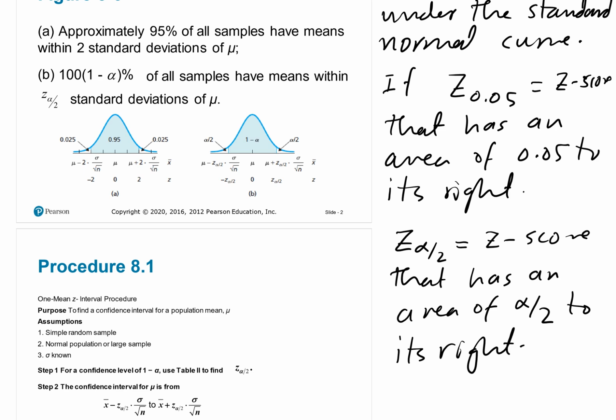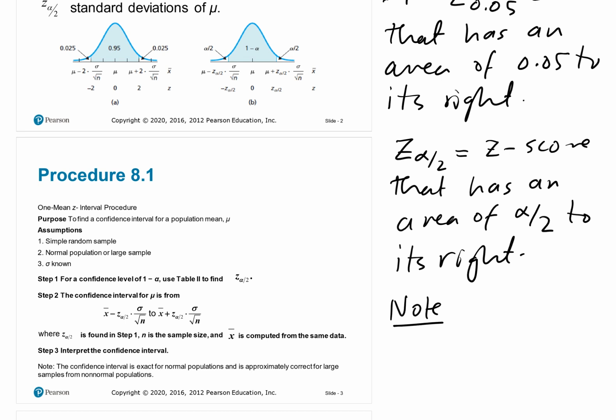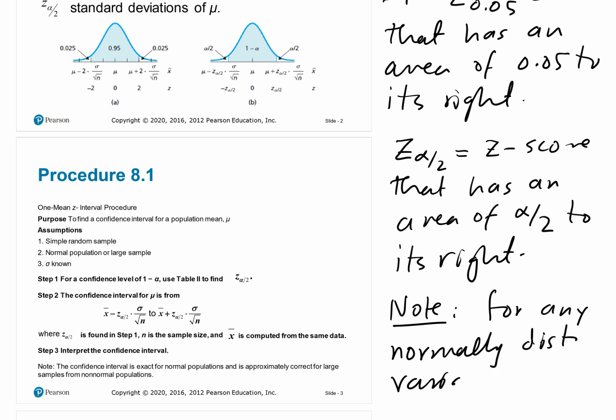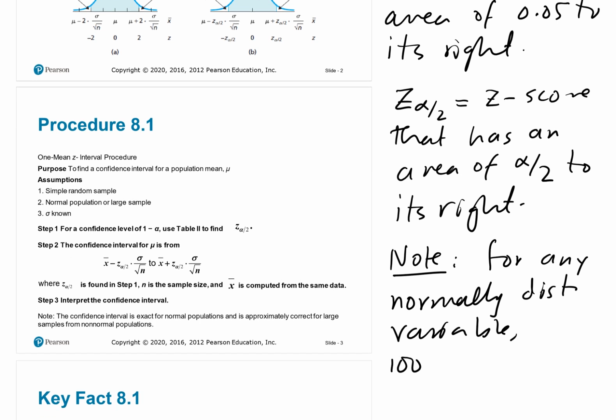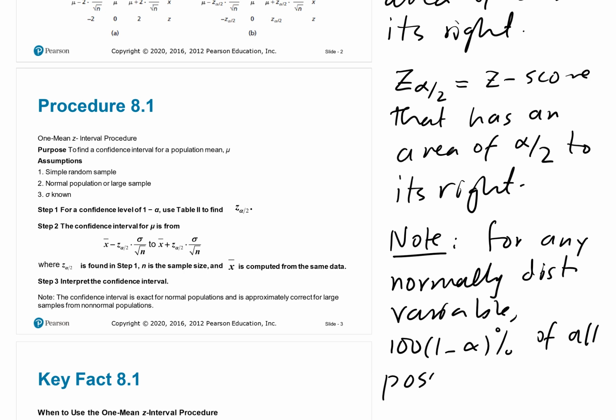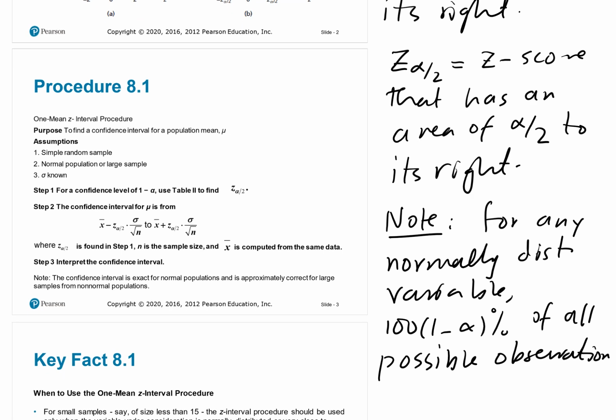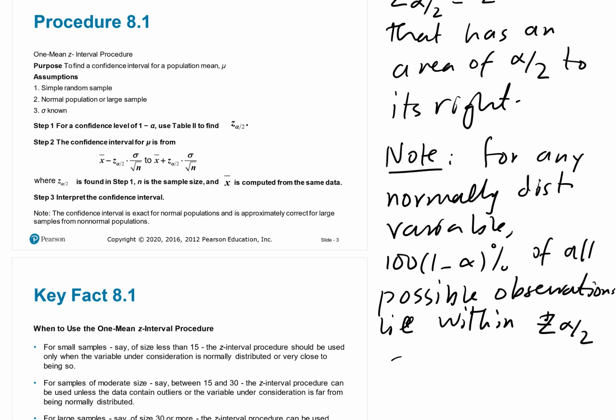And an important note here: for any normally distributed variable, 100 times 1 minus alpha percent of all possible observations, those are like the data values, lie within z sub alpha over 2 standard deviations to either side of the mean.